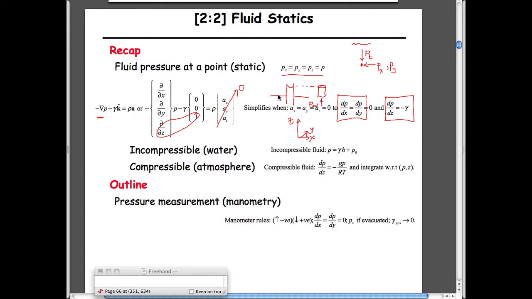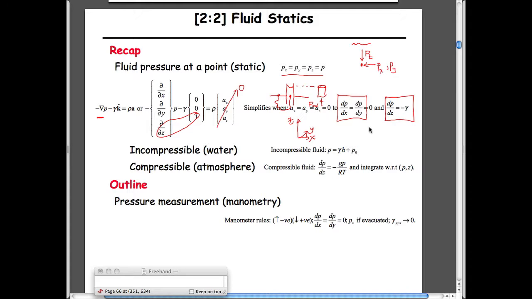The reason for that is that the pressure here is atmospheric, and I think we did mention it. And if we go to this point right here, since it's connected and we can get there in the same fluid, then the pressure here also has to be atmospheric as well. So it means we can just cut the bottom off it and lift it up, and the analysis that we did was by just doing the force balance for that. So we've used this already, even though we haven't acknowledged it at the time.